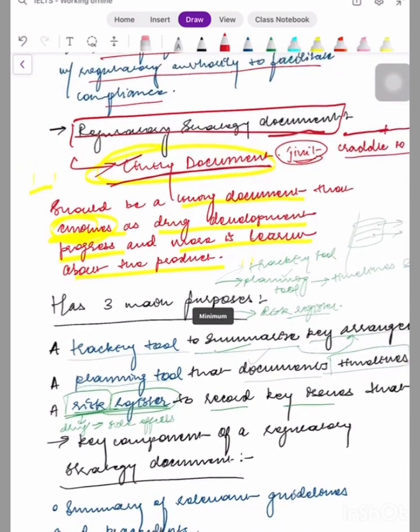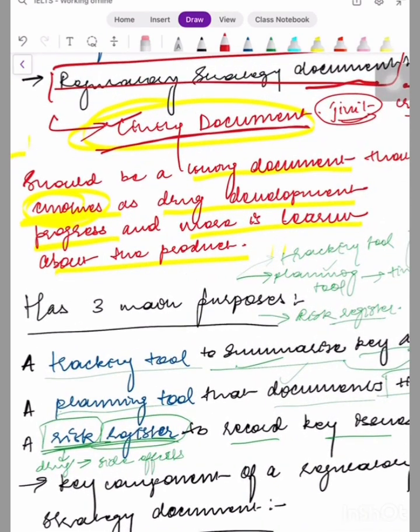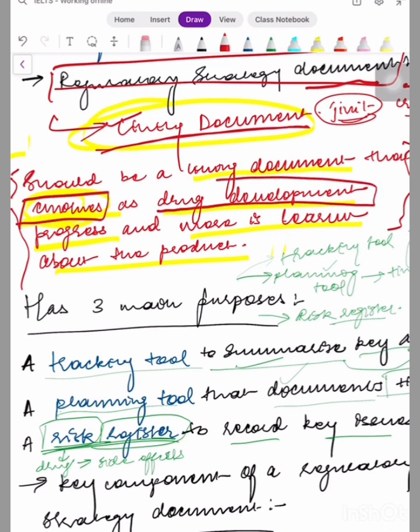It should be a living document that evolves as drug development progresses and more is learned about the product. When you look at this language, I am never an advocate of mugging up and speaking out, but it should be a living document that evolves as drug development progresses.